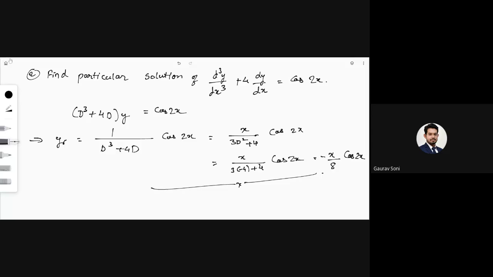Now I'll go to the next one. The next remark says that this is case number 3. It is not actually a different case, but still I'm giving it a name. 1 upon phi of d square cos h of ax plus b.